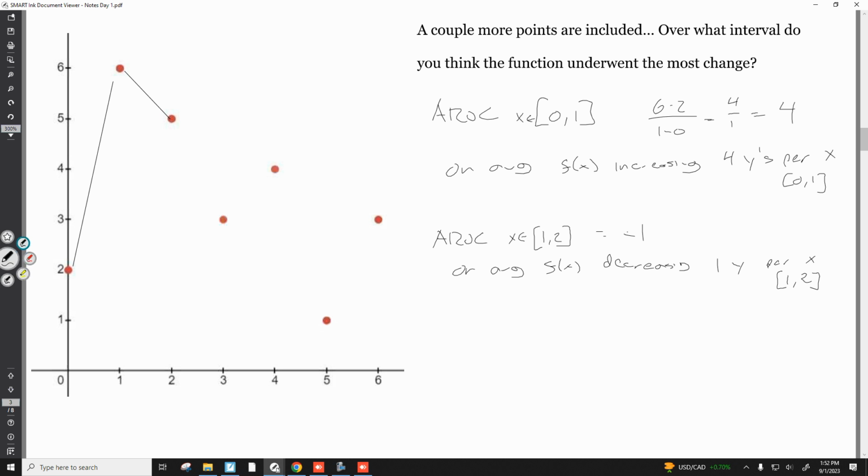Everybody, find the average rate of change for McCarty from 1 to 5. And then tell Mr. McCarty, is he right? He found the greatest net change. He's like, 6 to 1, that's a net change of 5. That must be the winning interval. Tell McCarty.